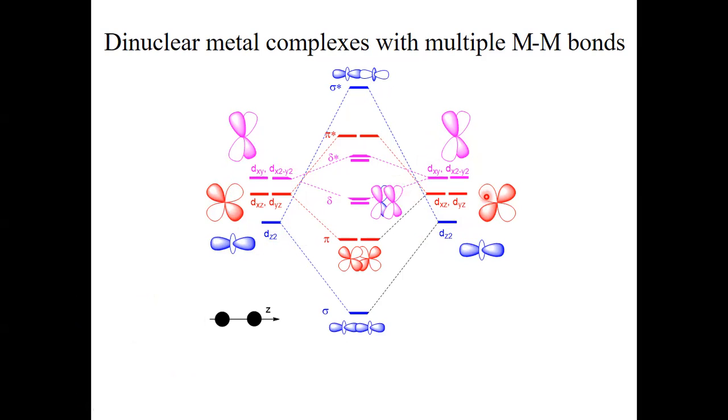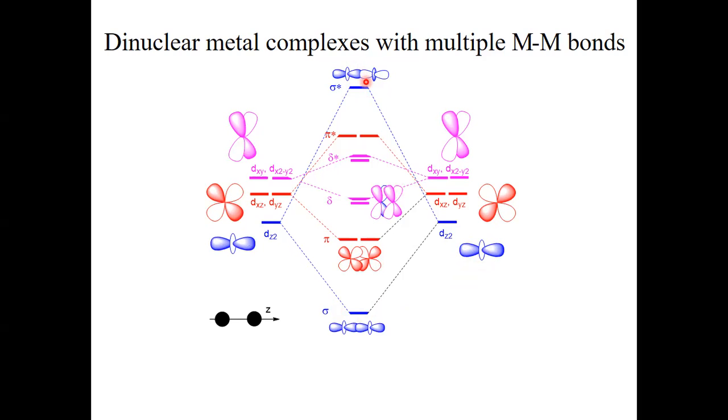First of all, we see that the dz squared orbitals can interact in a sigma fashion. Sigma interaction is always the strongest because it has the greatest orbital overlap. So you get a bonding sigma orbital and an antibonding sigma orbital.